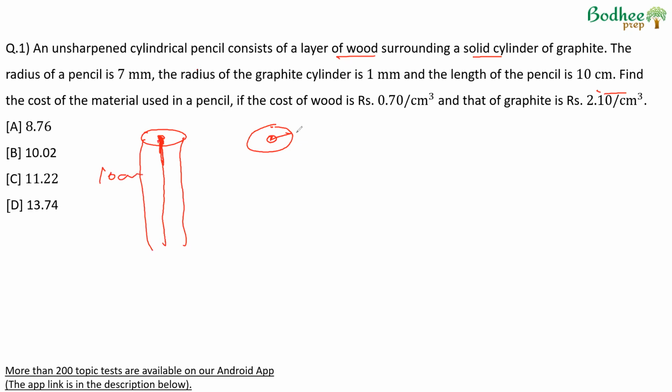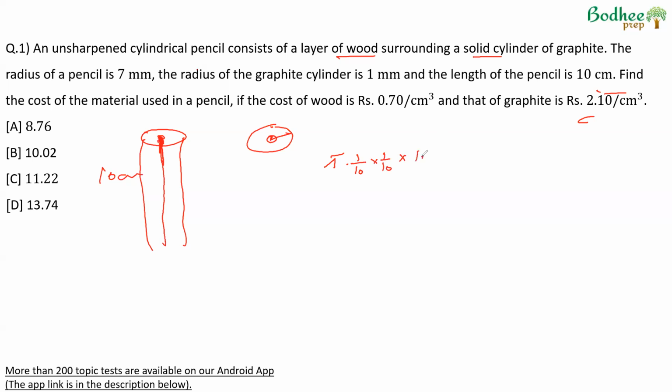Now, the amount of graphite will be the volume of this graphite cylinder, which will be nothing but pi r square h. The radius is 1 mm, so 1 by 10 into 1 by 10, pi r square into h.